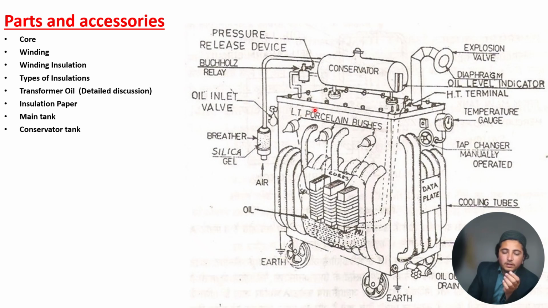Because due to temperature, in winter the oil is compressed so the level goes down, and in summer the oil expands so the level increases. So we manually fill the conservator tank halfway, because if the temperature of the oil rises, the conservator tank is automatically filled, and in winter the level goes down. So the conservator tank is responsible for maintaining the level of oil.